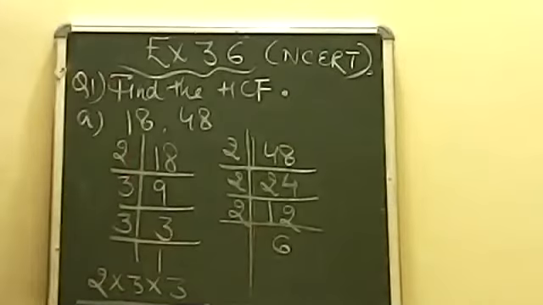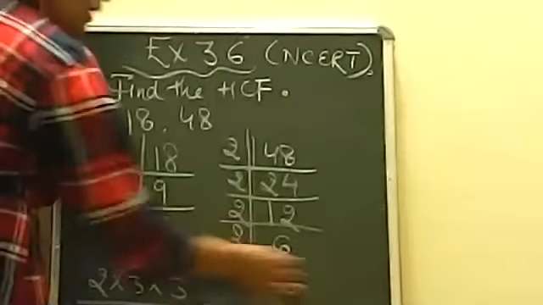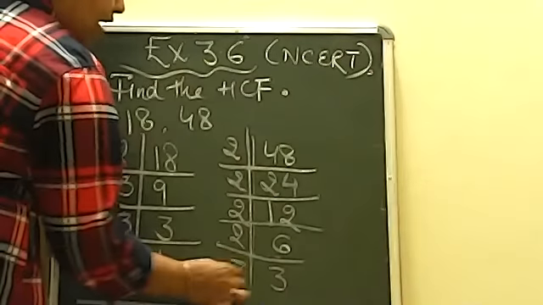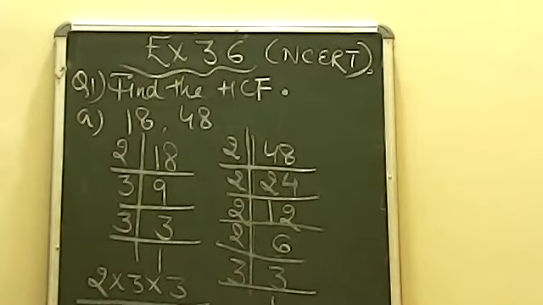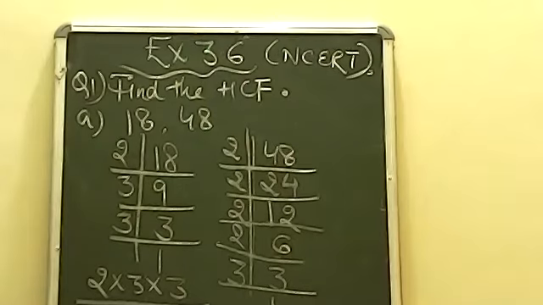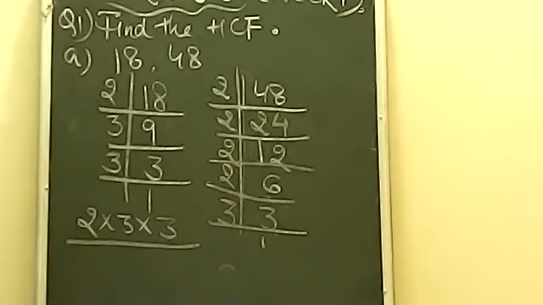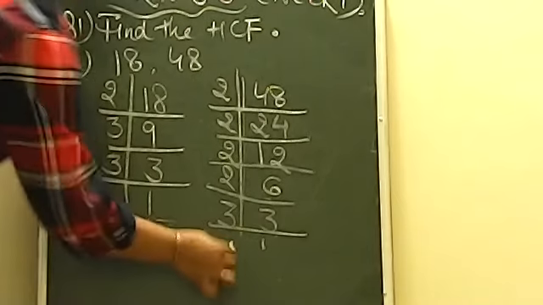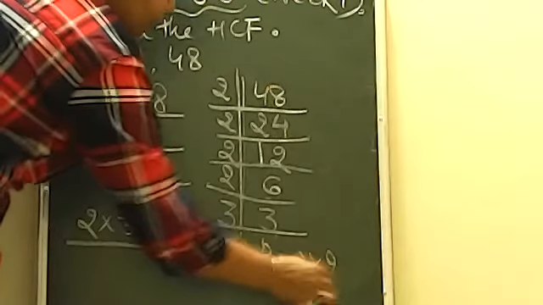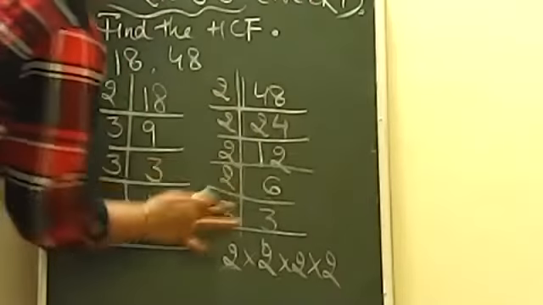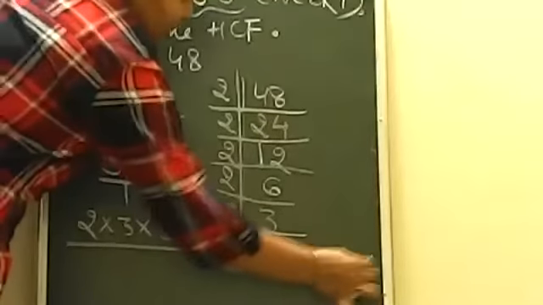Now again it will go by 2, that will be 2 3s are 6. And now at the last it will go by 3, so 3 1s are 3. Now for the number 48, we will have the prime factorization 2 into 2 into 2 into 2 into 3.